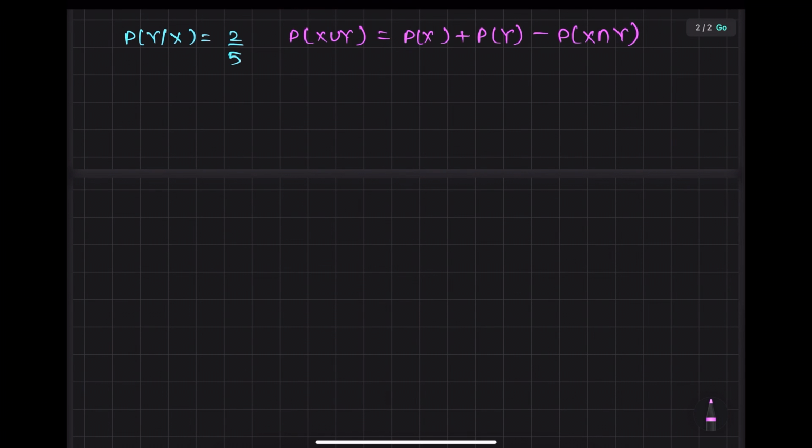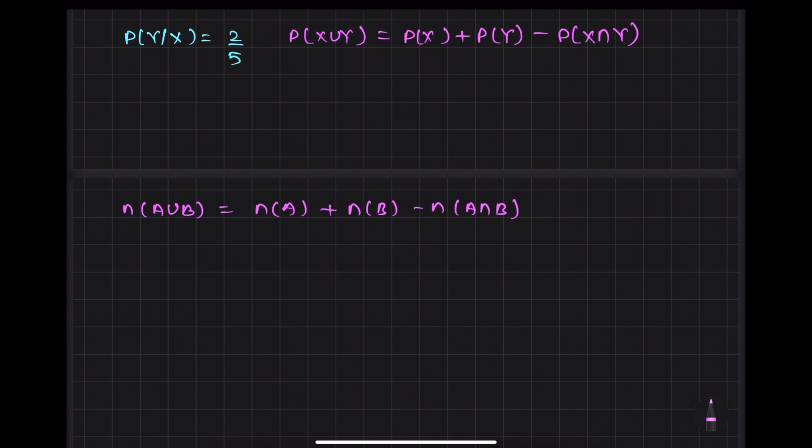Look here. Suppose that n of A union B you are writing is equal to n of A plus n of B minus n of A intersection B.